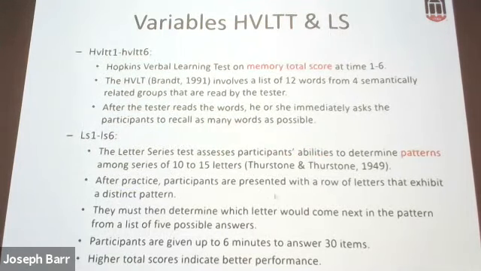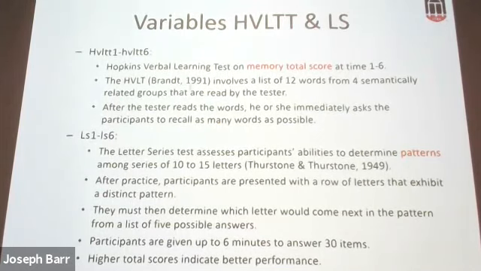We also have a variable called HVLTT. This is short for Hopkins Verbal Learning Test. This is a memory test based on the literature. This test measures memory ability, and of course it was measured 6 times, so we have a total score of all of these measures.